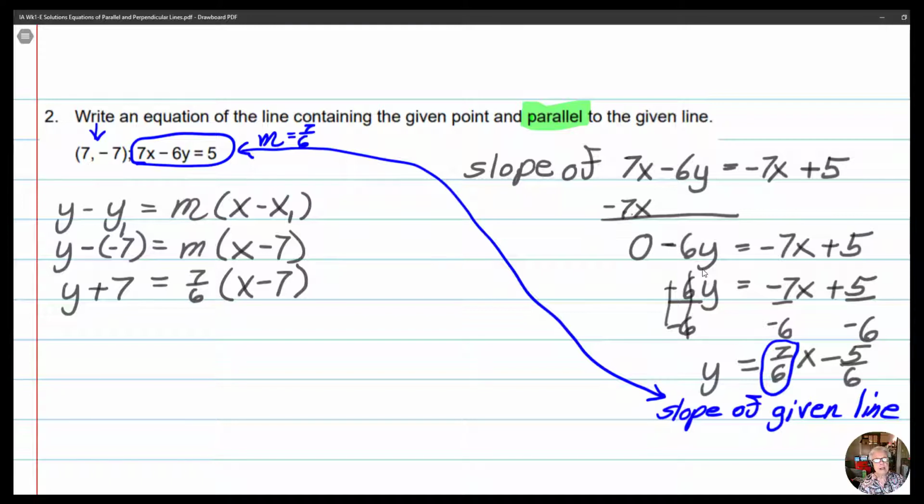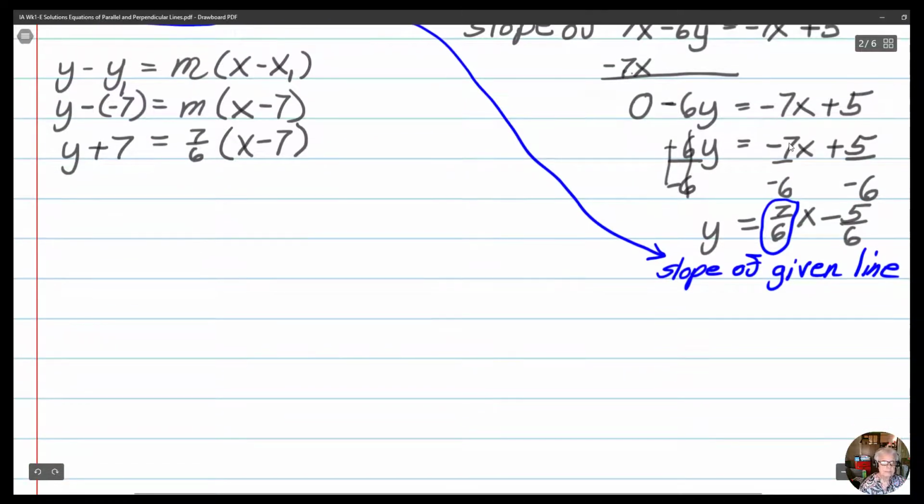Now we're ready to find the equation of our line. I'm going to multiply both sides of the equation by 6.